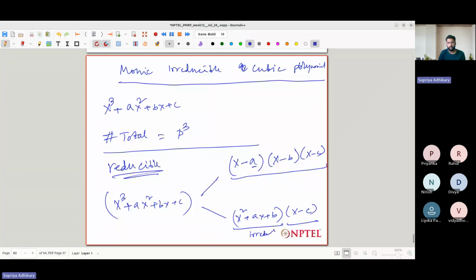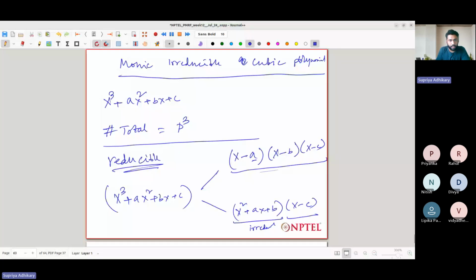Because if it is reducible, then again it can be factored like this: x minus a multiplied by x minus b. So we are only considering that this quadratic factor must be irreducible. Okay, so first we will count this number. So how many ways can we find reducible polynomials of this form, and then we will count this number.